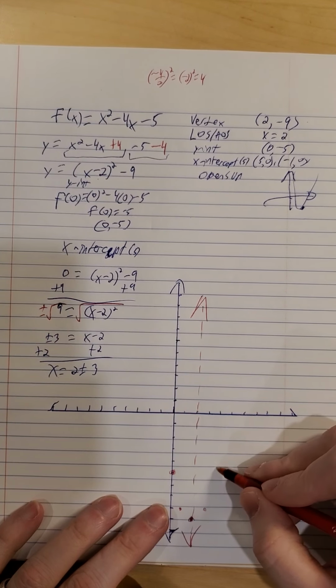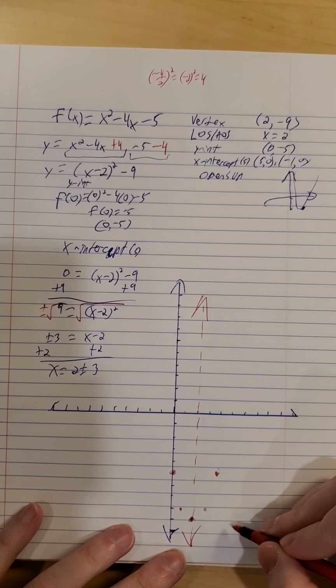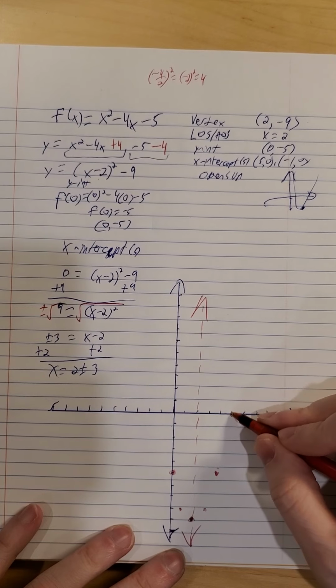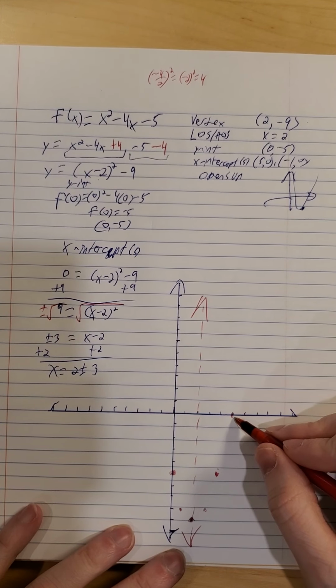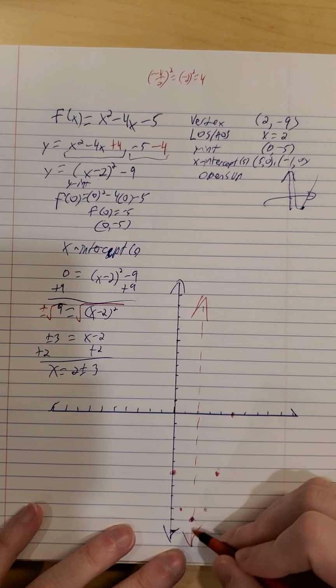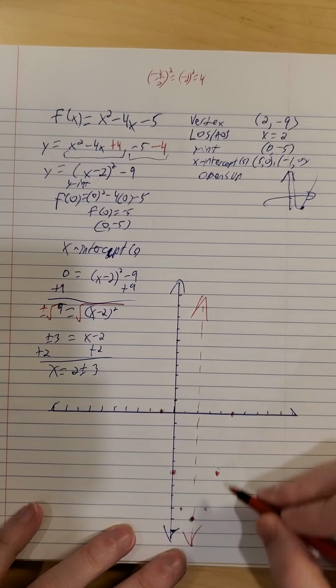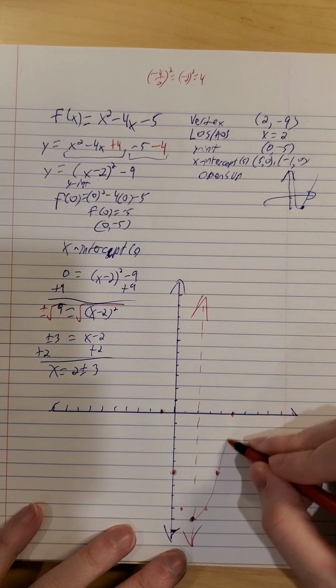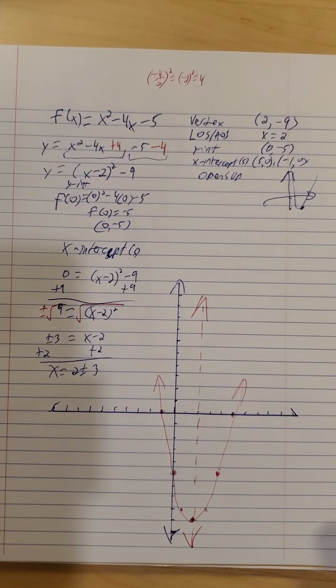So 2 units the other direction, we have another freebie there. And 3 units away, 3 squared is 9. And there's our positive 5, 0. And 3 units the other way, and there's our negative 1, 0. So all that information that we gathered does fit with our nice pretty picture there.